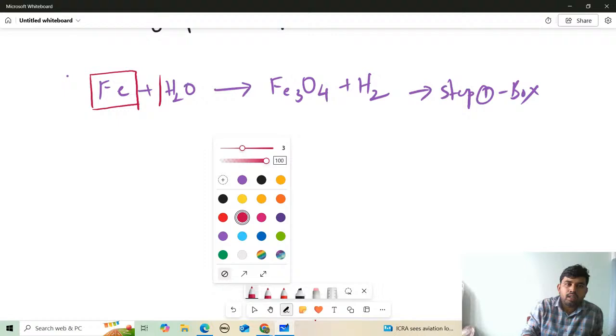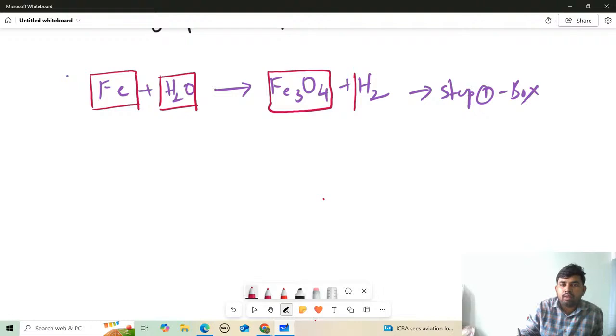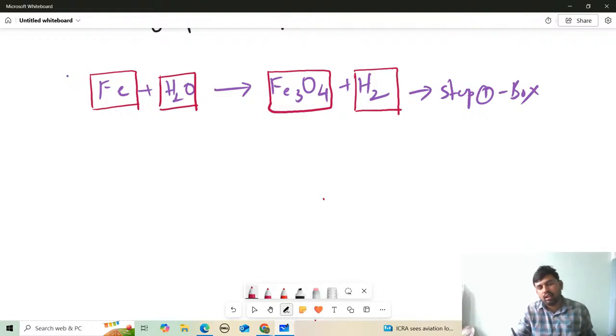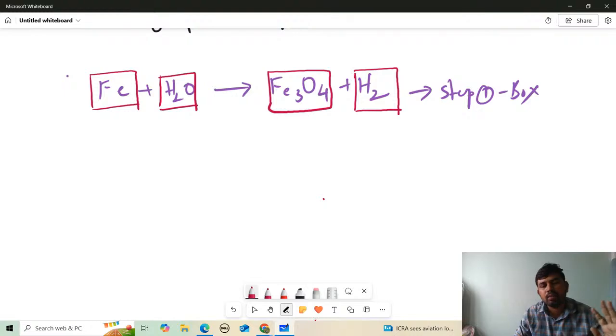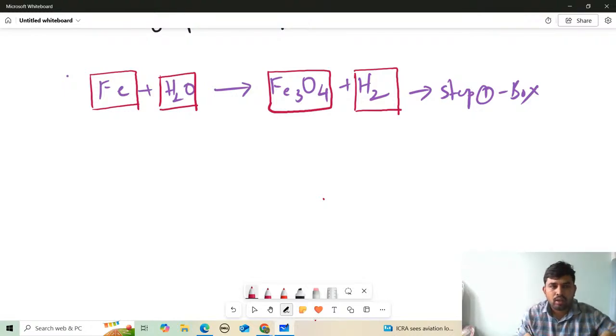Again I'm drawing boxes around water and around hydrogen. Why do we need to write boxes, sir? Because whatever is inside the boxes is the specific formula of a particular compound. You should not change the number which is present inside the box. That is the purpose of writing boxes around the reactants and products.